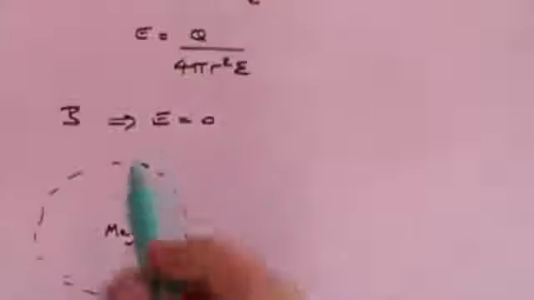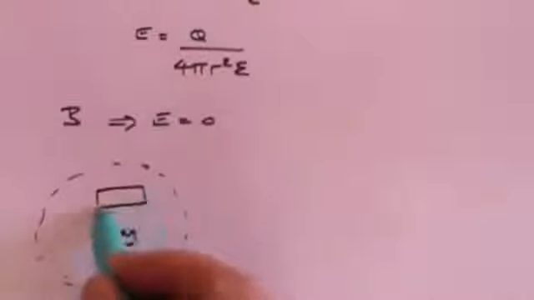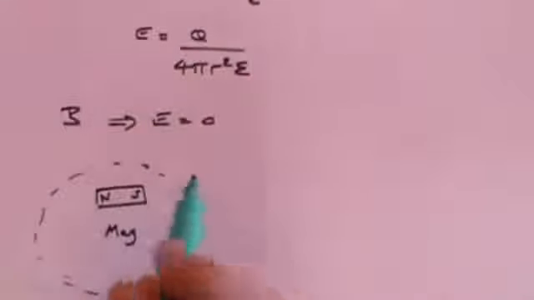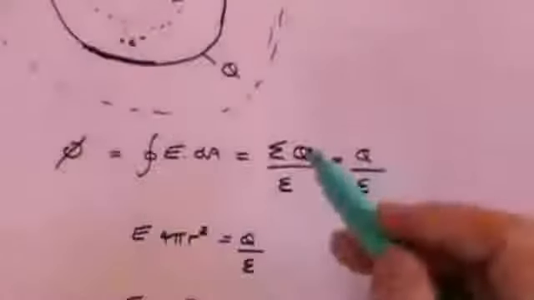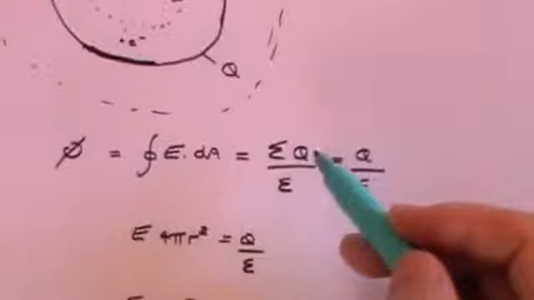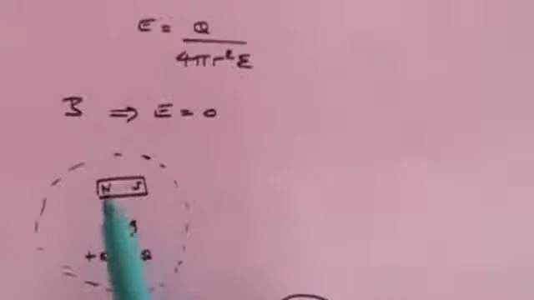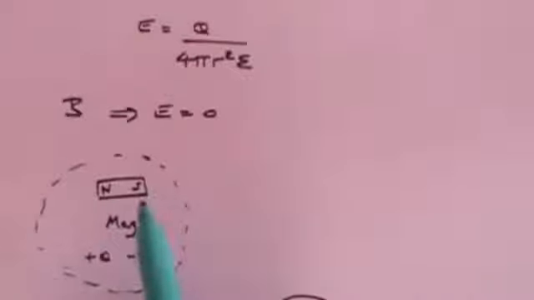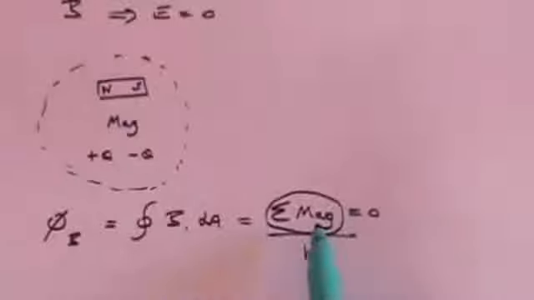If you put a magnet in here, it will have a North Pole and it will have a South Pole. And consequently, that's exactly the same in principle as having a plus Q and a minus Q. When you do the sigma, plus Q minus Q is 0. You will always have the same strength North Pole as you have the opposite strength South Pole. Consequently, this term will always be 0.